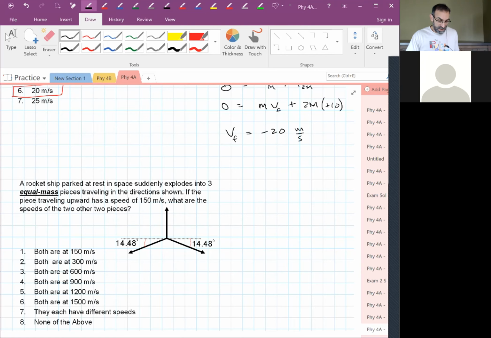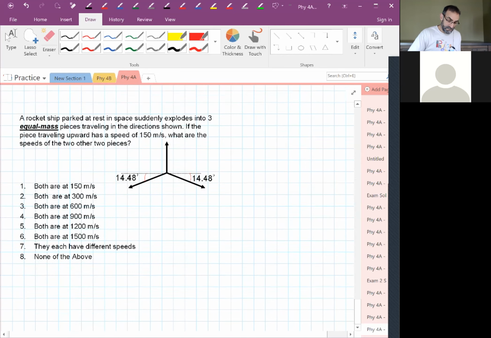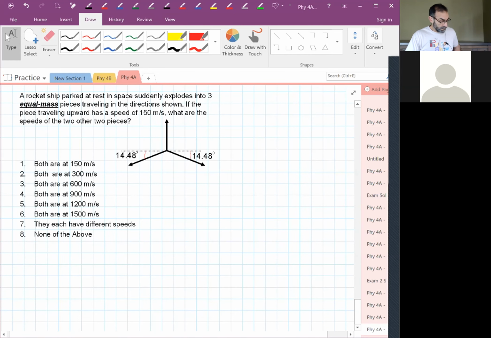If the piece traveling upward has a speed of 150 meters per second, what are the speeds of the other 2 pieces? Actually, I'll tell you what, this might take a little bit longer.